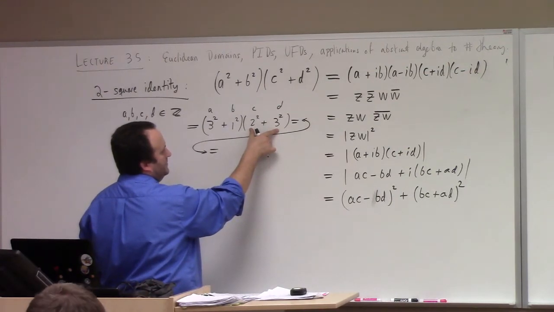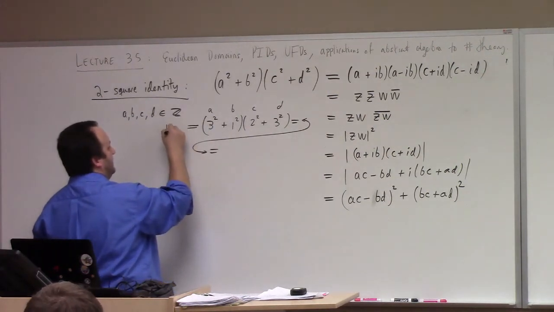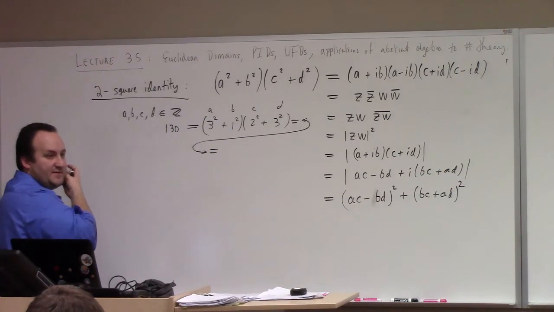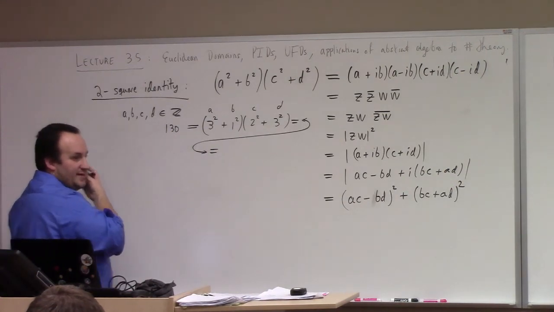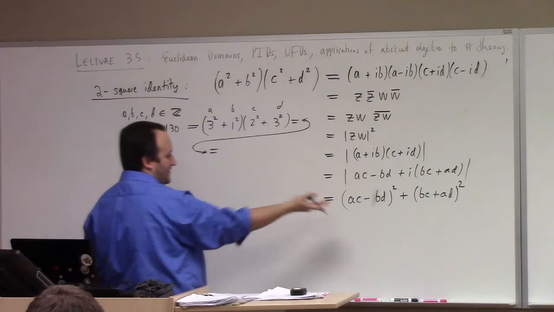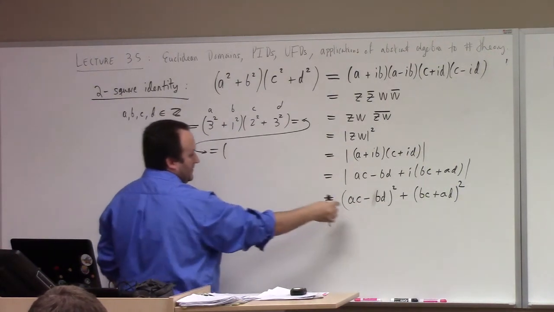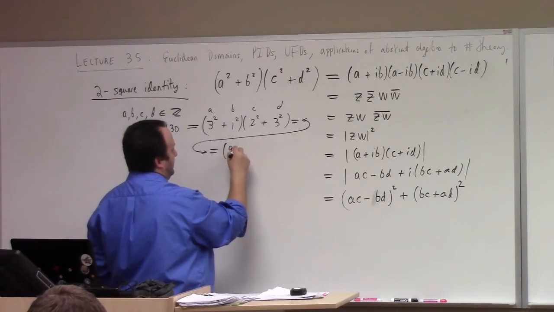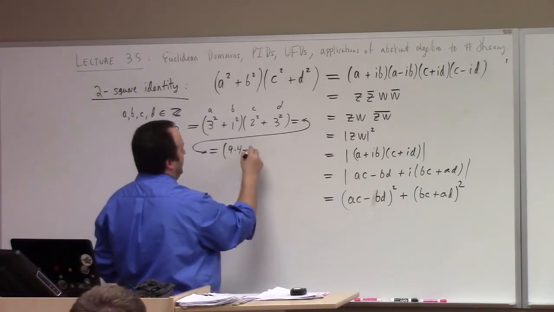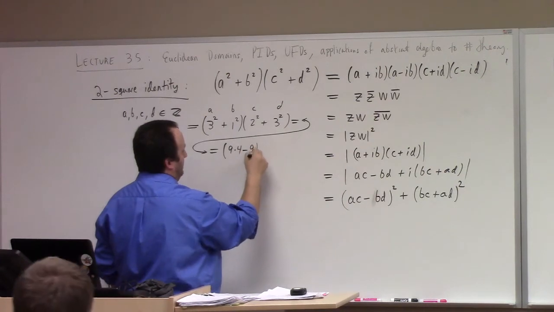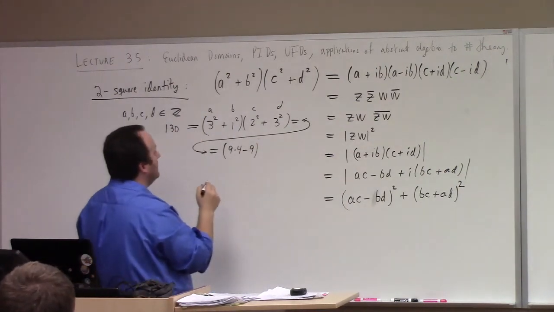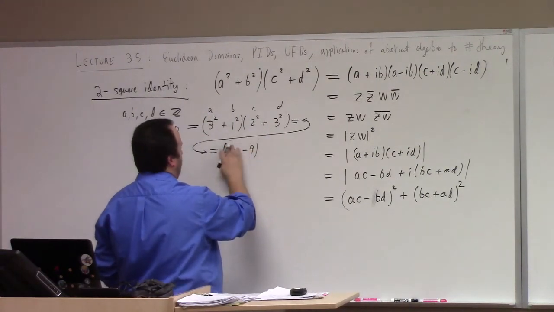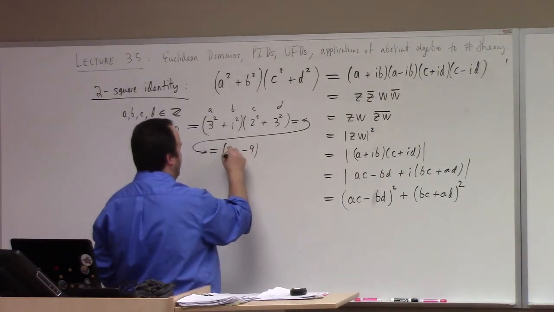Is that 13? So this is 130 then, huh? So we're trying to write 130 as a sum of two squares. And it's going to be this: A times C, which is 9 times 4, minus B times D, which is 3 times 2.